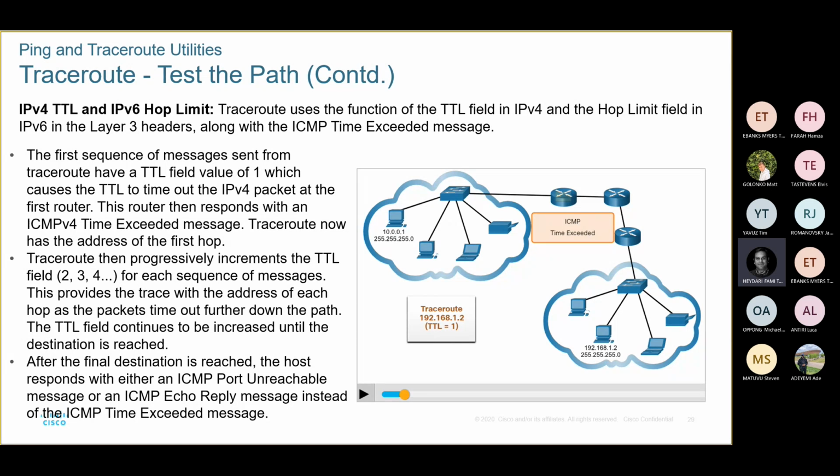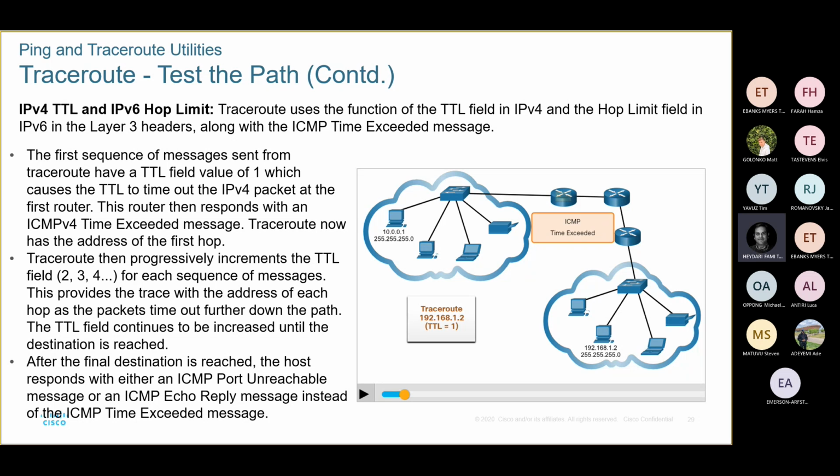So we have gone through ping, traceroute. We have gone through ICMP. We have gone through ICMP version 4 and version 6. I told you that both versions do connectivity tests to make sure that the destination host is present. We can confirm if it exists.